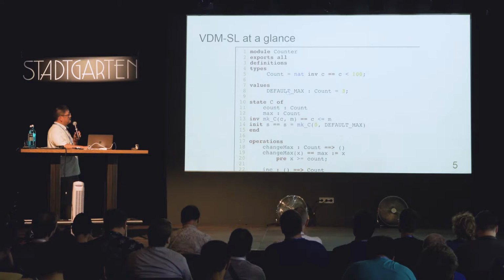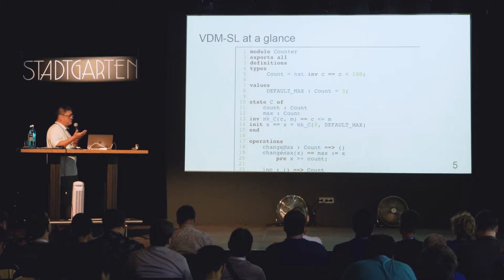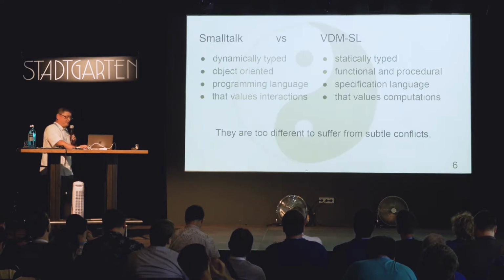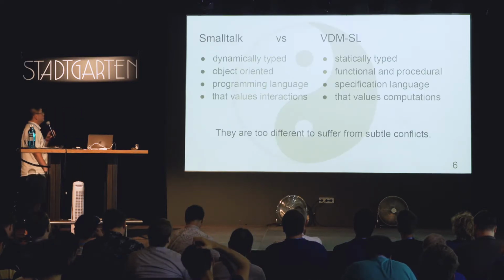Then you can define constants and state definition with statically typed variables, again with invariant constraints, and give an initial condition, and also define operations. It's like a procedure, with a signature and the body of the definition, and optionally a precondition and postcondition. It's something like that, quite simple.